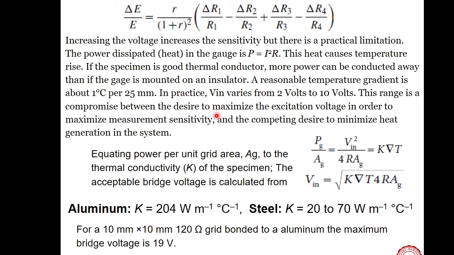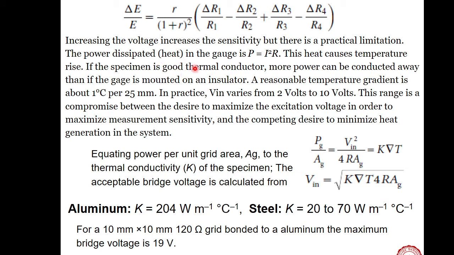That limitation comes from the heat which is generated due to the supply voltage. There would be some current in the circuit, so that heat loss, I square R or V square by R, whatever you say, is the power dissipation or heat loss.